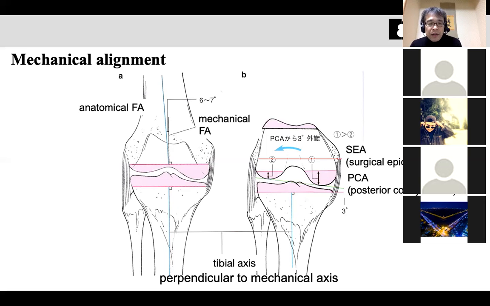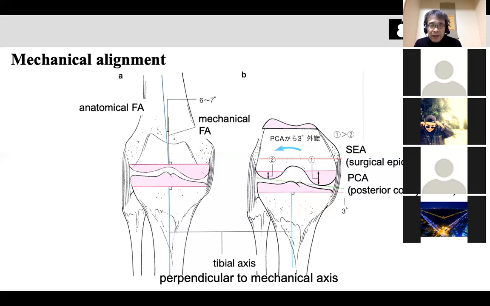On the tibia side, we cut perpendicular to the tibial axis. Regarding the tibia side, it is relatively easy to identify the tibial axis intraoperatively because we can directly touch the tibial crest and identify the tibial long axis.